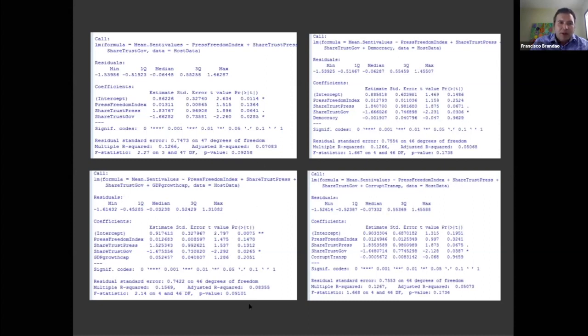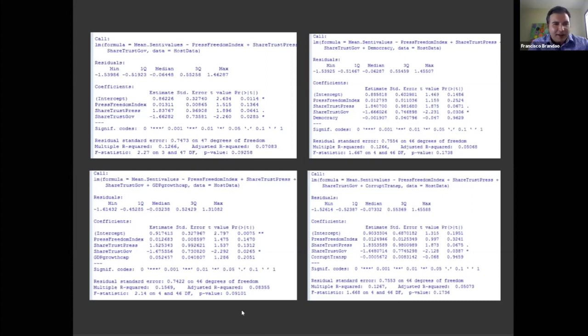On the bottom, we have a new model, and I controlled bad news with GDP growth. And while GDP growth is not significant as a predictor for bad news, trust in the government remains significant. Trust in the press, not anymore.